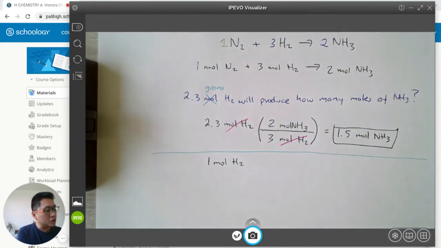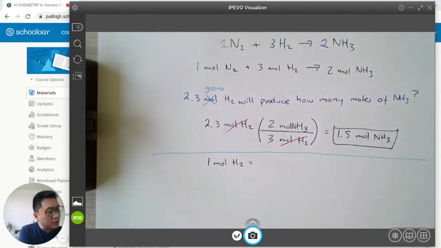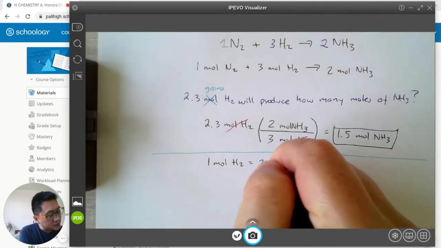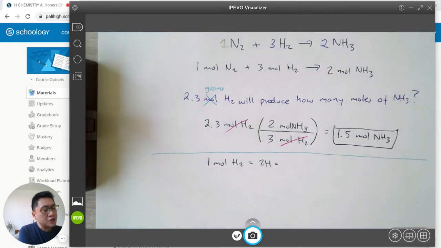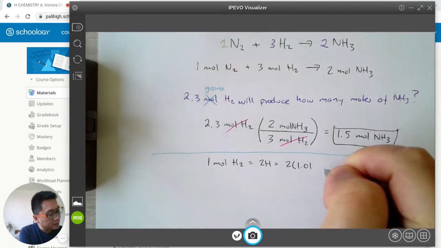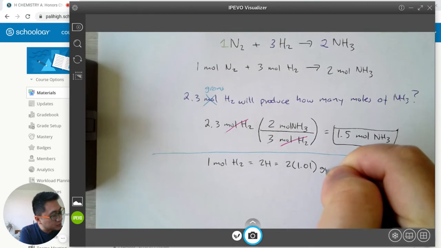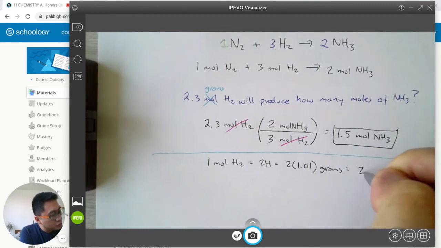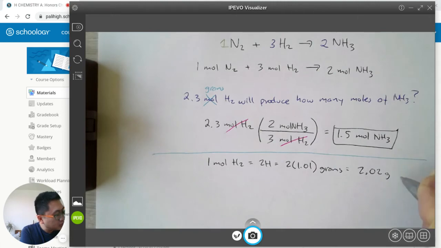This is 2 hydrogens. It will be the weight of 2 hydrogens. Hydrogen on the periodic table is 1.01. So that'd be 2.02 grams in 1 mole of H2. 1 mole of H2 weighs 2.02 grams.